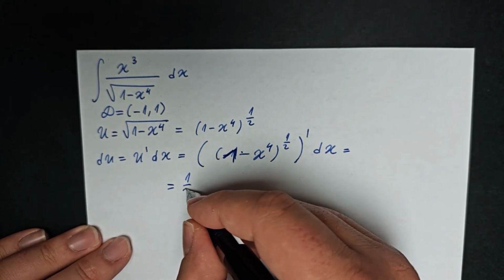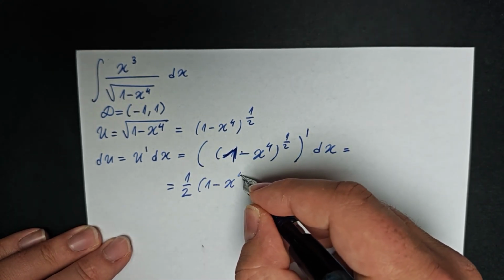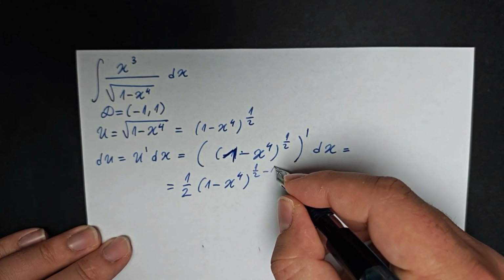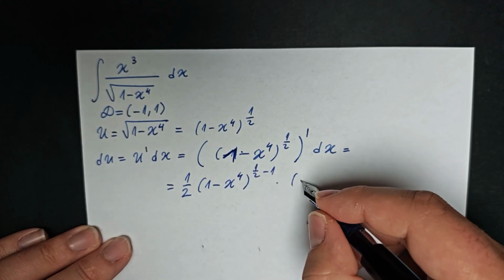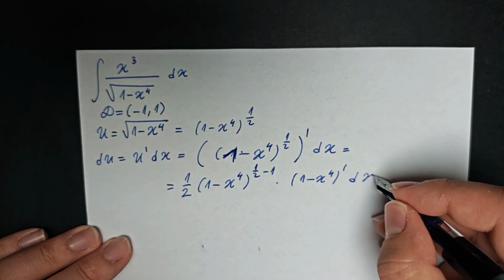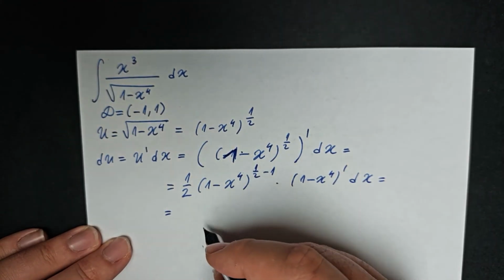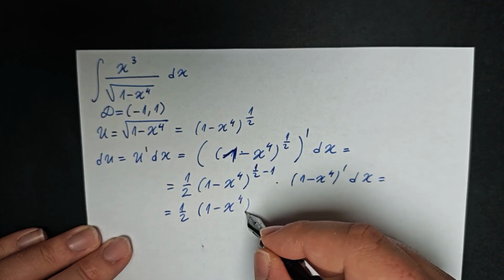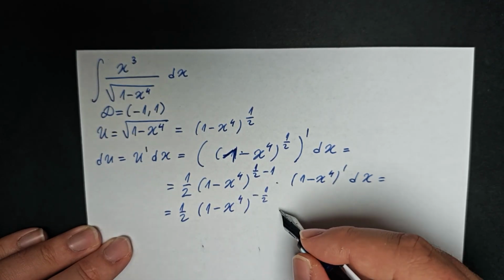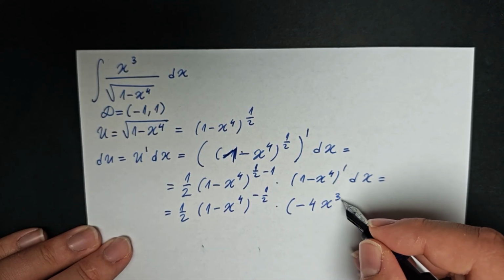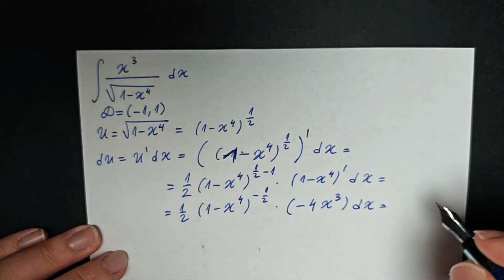This is equal to 1/2 times 1 minus x to the fourth power to the power 1/2 minus 1, multiplied by the derivative of 1 minus x to the fourth power dx. This is equal to 1/2 times 1 minus x to the fourth power to the power of negative 1/2 multiplied by negative 4x cubed dx.